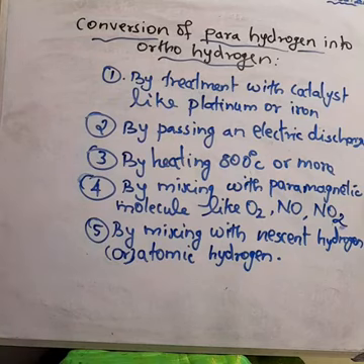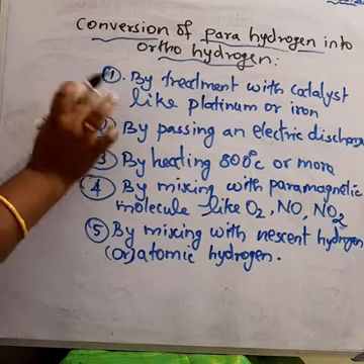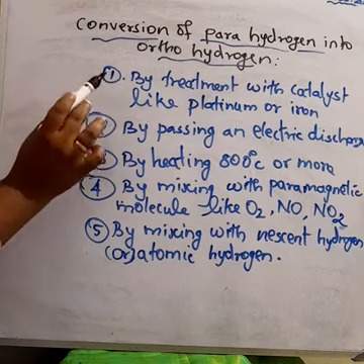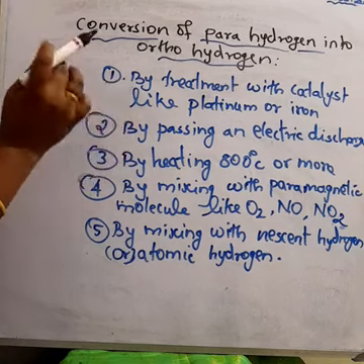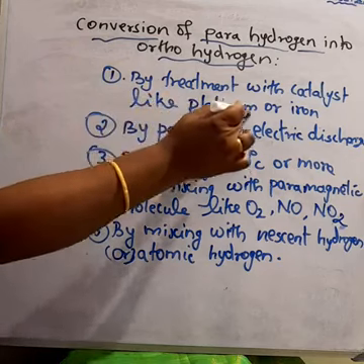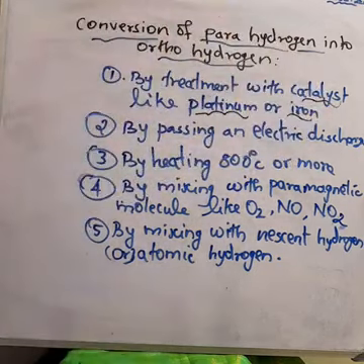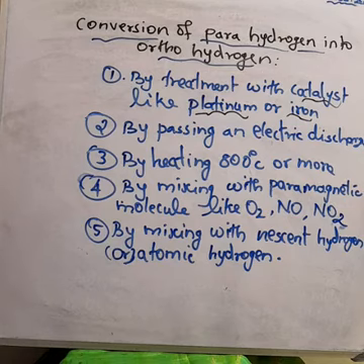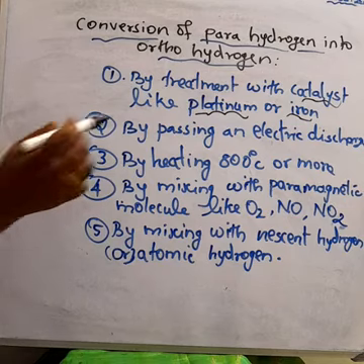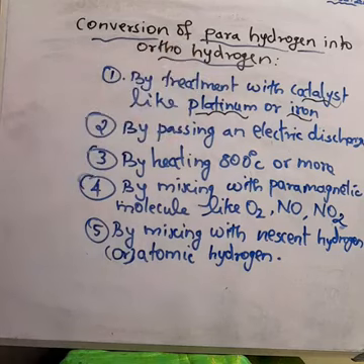How will you convert the para form into the ortho form? First, we can apply any catalyst, platinum or iron catalyst. Any one catalyst, we can convert the para form into the ortho form.